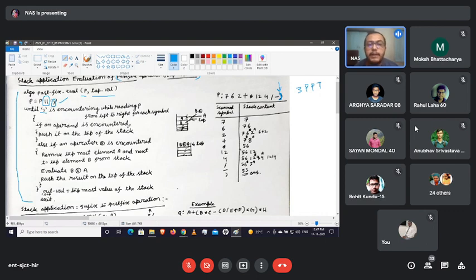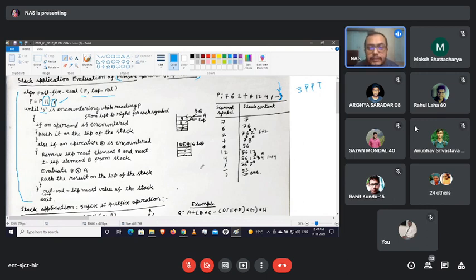If an operand is encountered, push it on the top of the stack. Else, if an operator is encountered, remove the topmost element A and the next topmost element B from the stack and evaluate B operator A, that is operand, operator and operand. This line is kind of tricky.